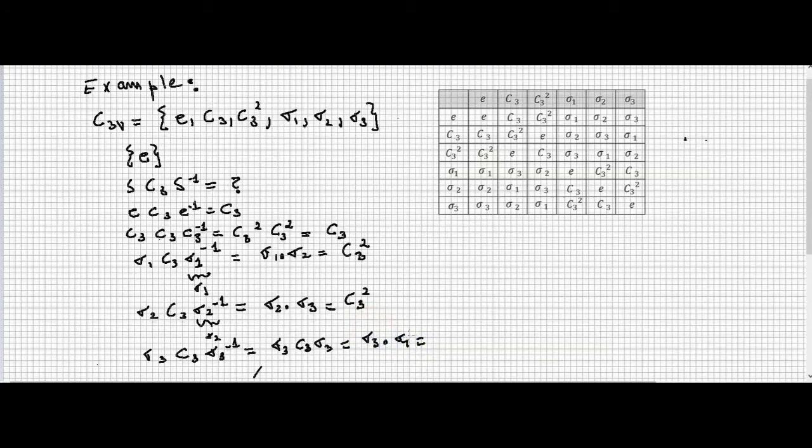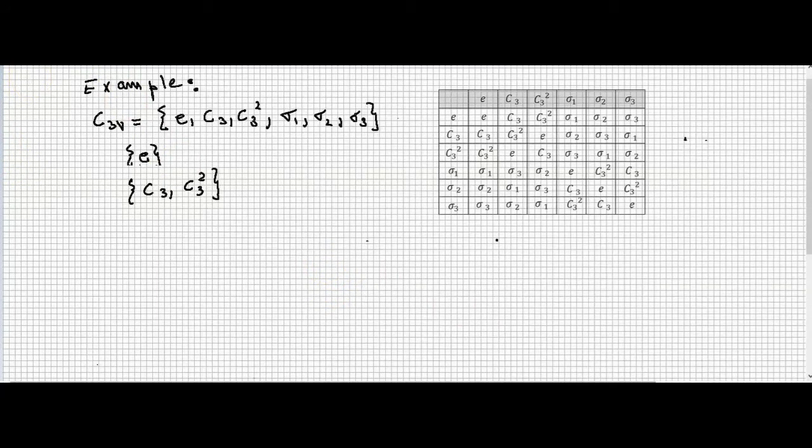Sigma 3 multiplied by sigma 1 is equal to C3 squared also. So the only element conjugated of C3 is C3 squared. So C3 and C3 squared form a class. So the second class of this group would be C3 and C3 squared.